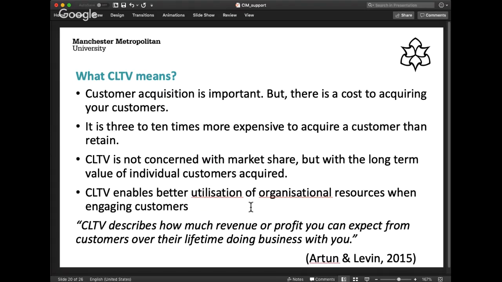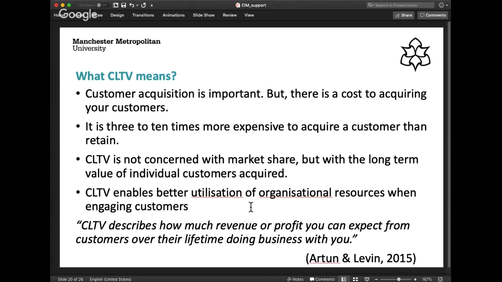And on average, marketers are saying it's about 3 to 10 times more expensive to acquire a customer than it is to actually retain a customer. So through remarketing and through schemes such as customer loyalty schemes. So when we talk about customer lifetime value, we're actually not concerned with what market share we have, but keeping long-term our valuable customers.